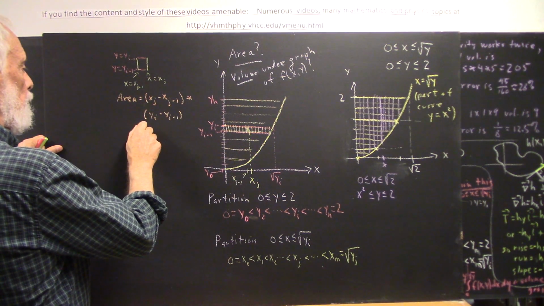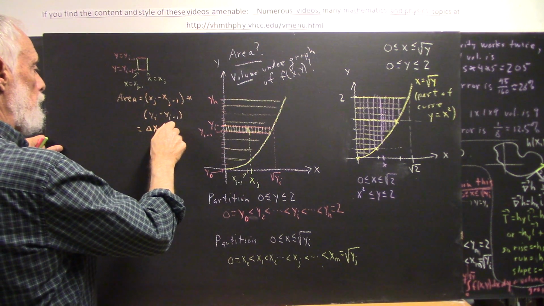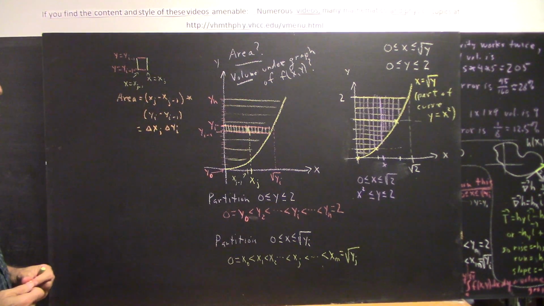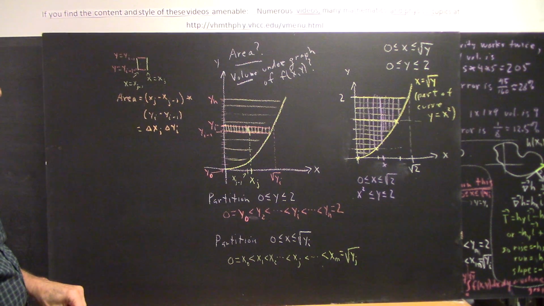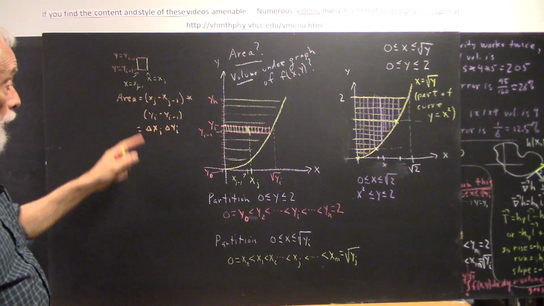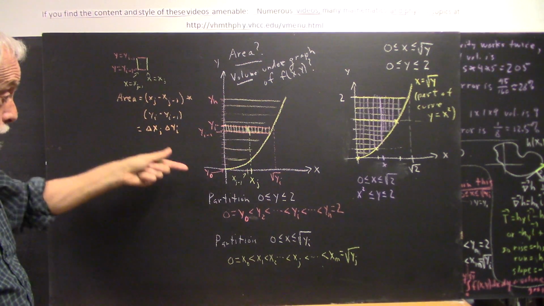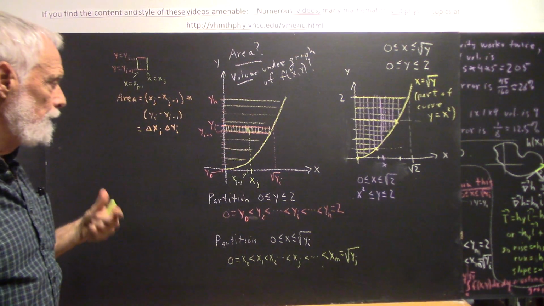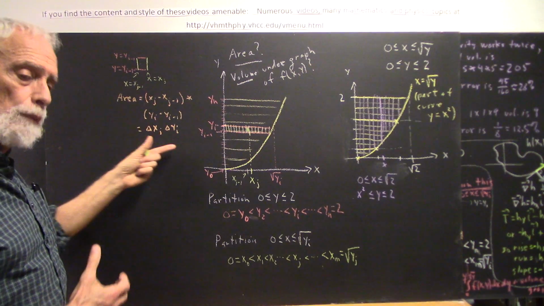And I'll just call those dimensions delta x j times delta y I. That's the area of the region. Now, if I want to get the total area under the curve, I just add up all the areas of these regions. And we're going to do that. We're going to form a Riemann sum and just see how we would possibly do that using a sum and approaching an integral and see what integral we get out of this.